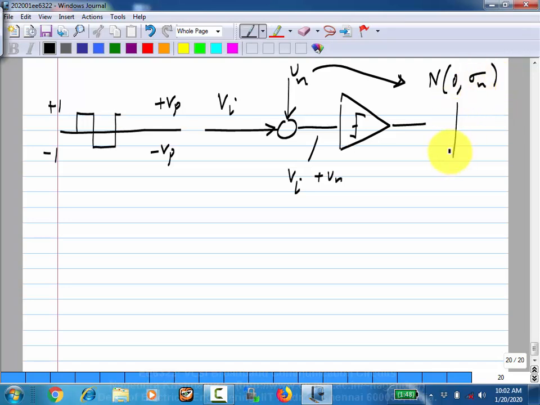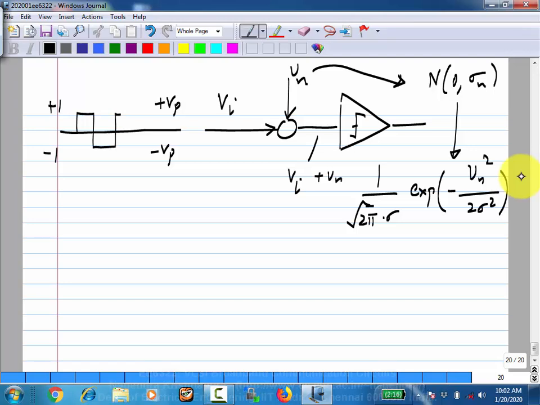The probability density function of this itself will be 1 over square root 2 pi times sigma, exponential of minus Vn square by 2 sigma square. Okay, this is with zero mean. So now the signal that appears here, right, that will have the same distribution shifted either by plus Vp if +1 is transmitted here, or minus Vp if -1 is transmitted.